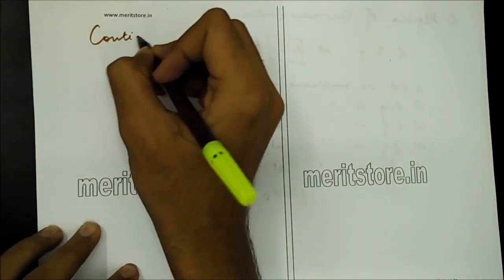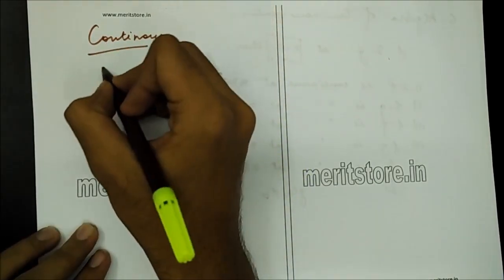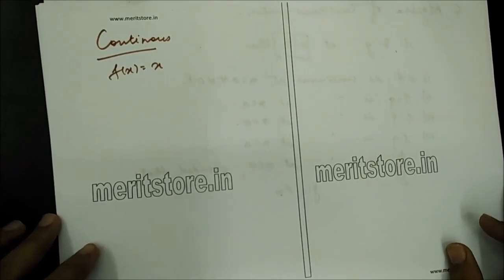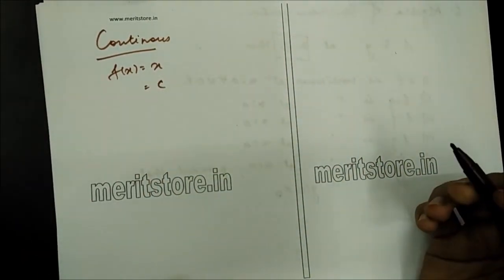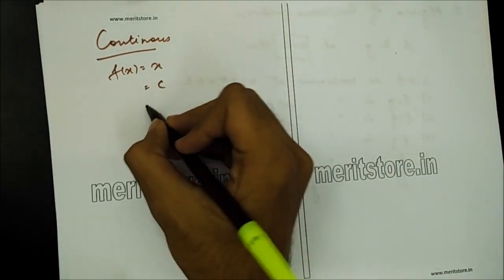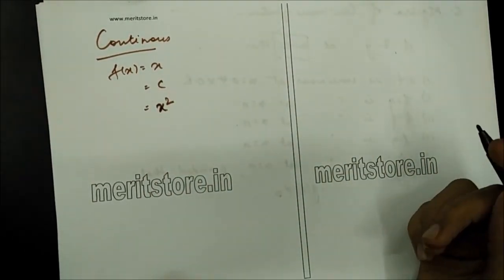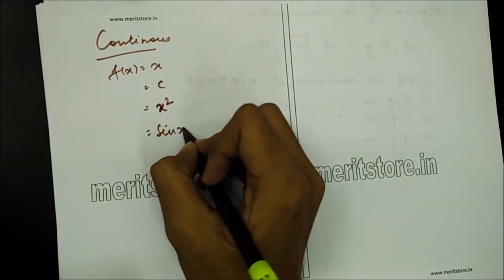So the various continuous common functions are, first of all, f of x is equal to x, that is, the identity function. A constant is always continuous. F of x is equal to x square is a continuous function. F of x is equal to sin x is a continuous function.